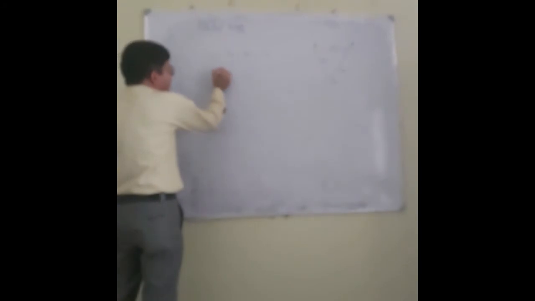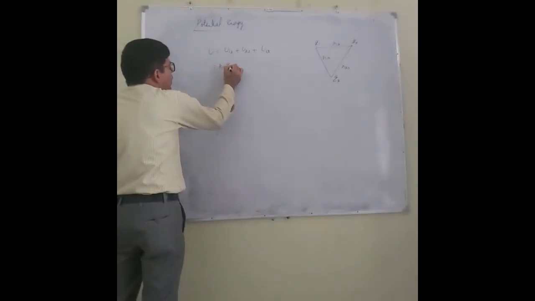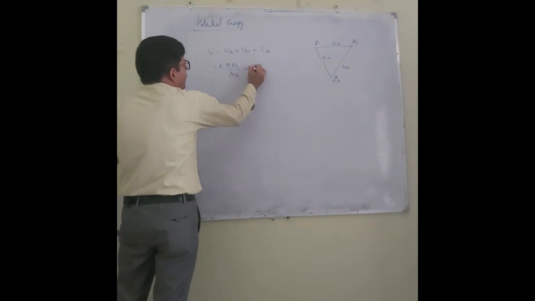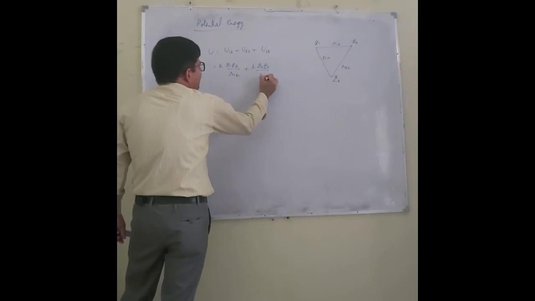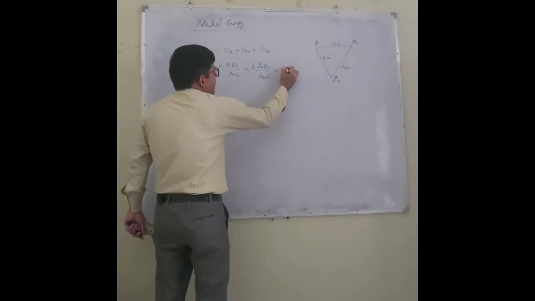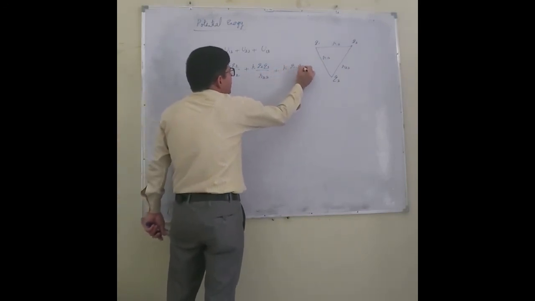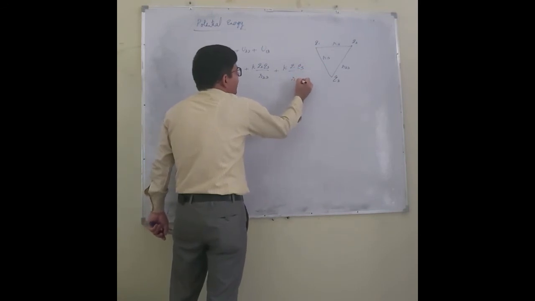So you put up these values: K Q1 Q2 divided by R12, K Q2 Q3 divided by R23, K Q1 Q3 divided by R13.